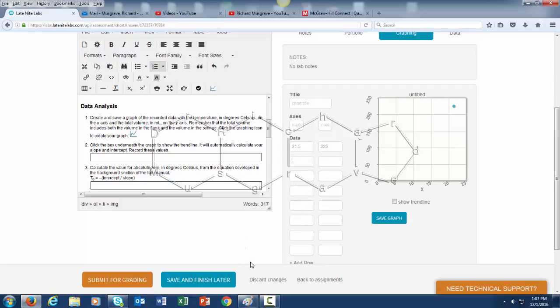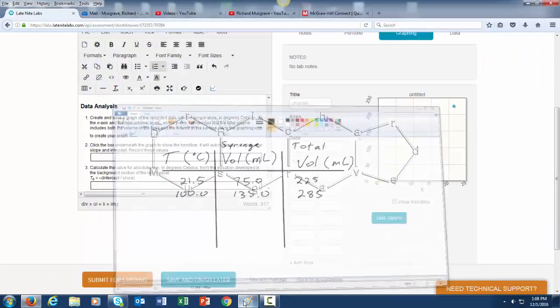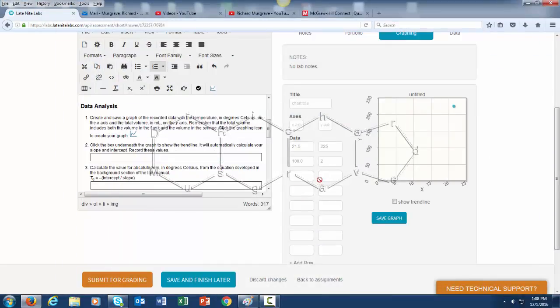That's the gas in the syringe plus the volume of the Erlenmeyer flask. And the other one, 100.0 degrees, and I think it says 285, right? Yeah, 285. Now you'll have a whole lot more points, but we'll go ahead and do this anyway. And you can see I've got a graph here that's got the points on it. Now if I click on show trend line, here's what's going to happen.